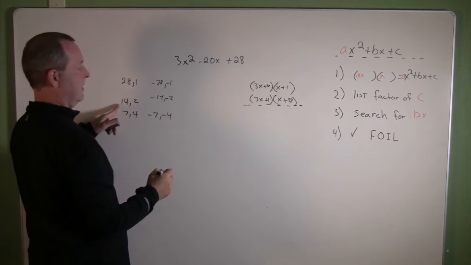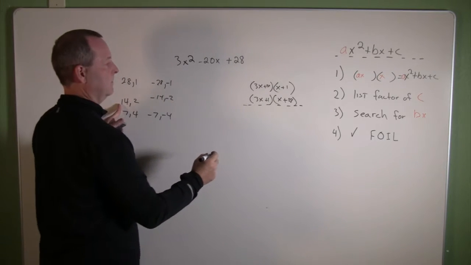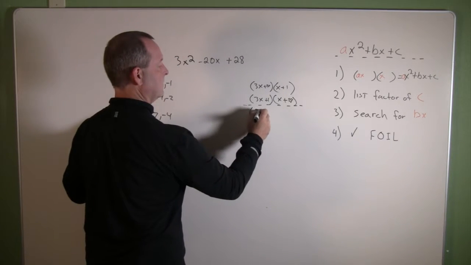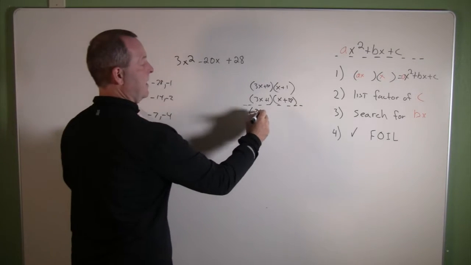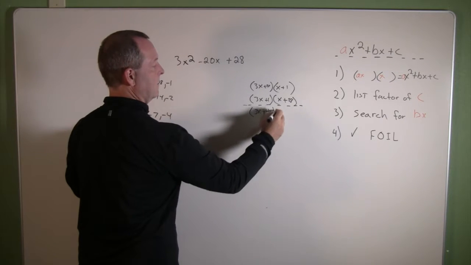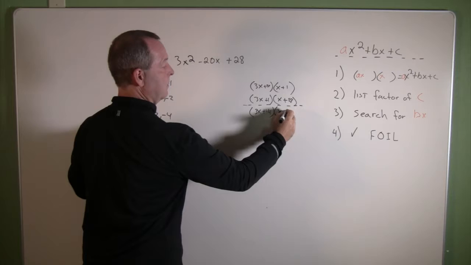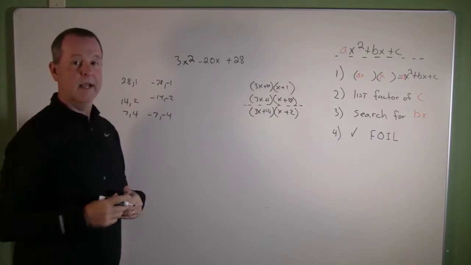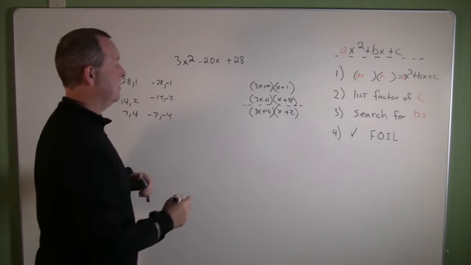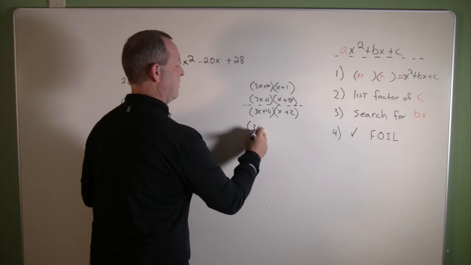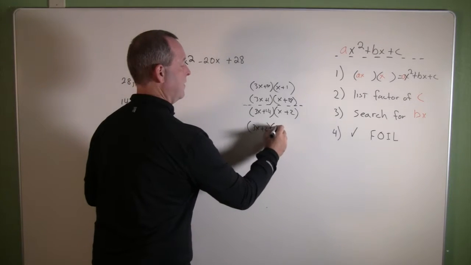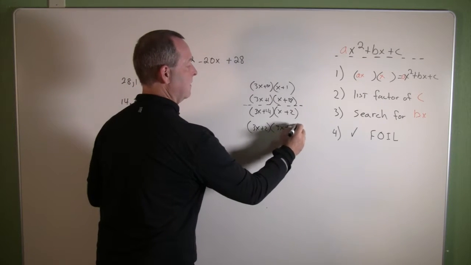The next two possibilities, let's try the 14 and the 2. 3x plus 14 and x plus 2. I need to check those numbers in the other arrangement too: 3x plus 2 and x plus 14.